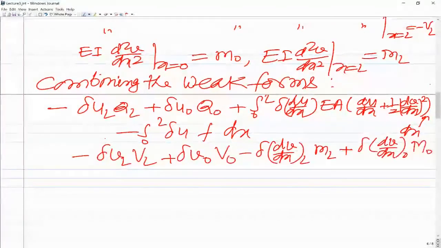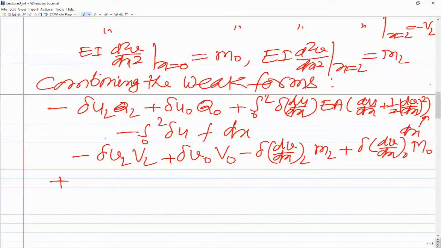So these four terms are the boundary terms from the second weak form. So we are adding simply that, and then the integral terms from the second weak form.